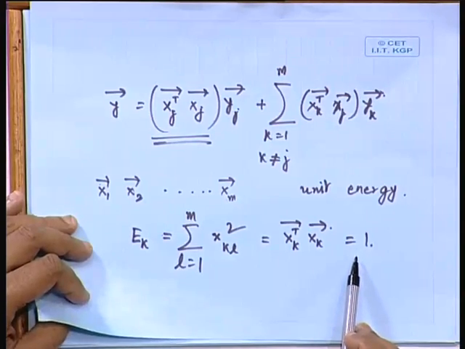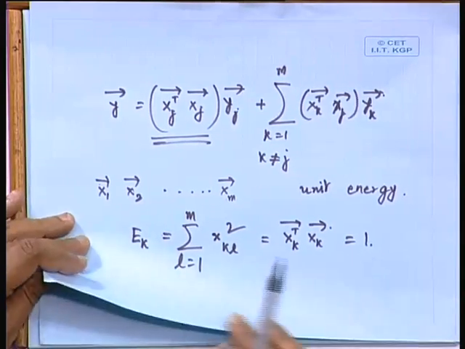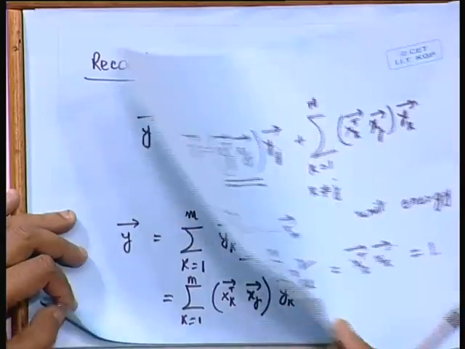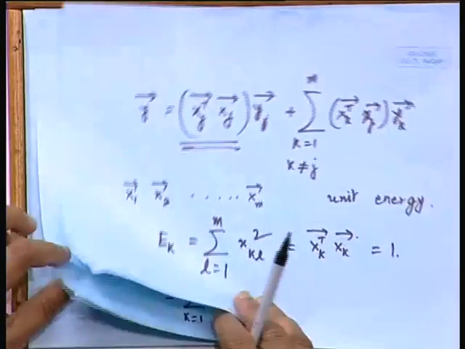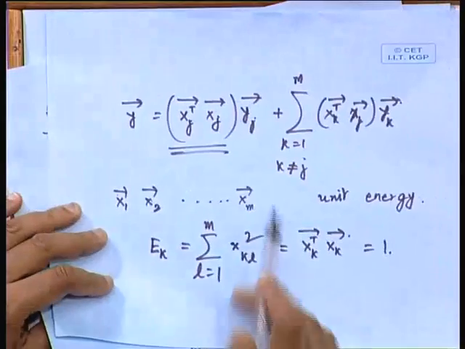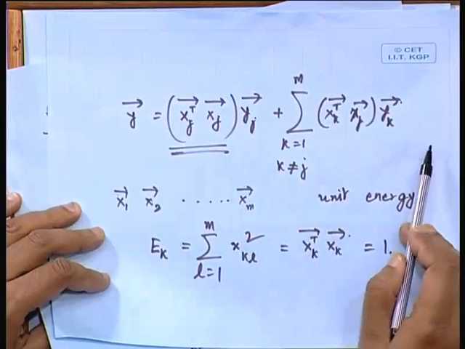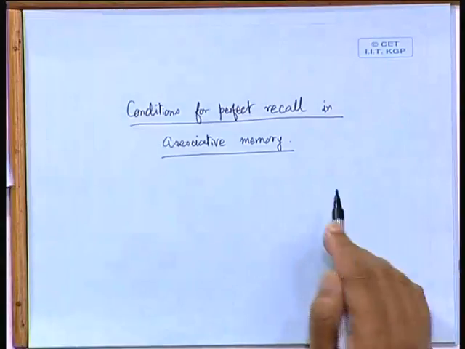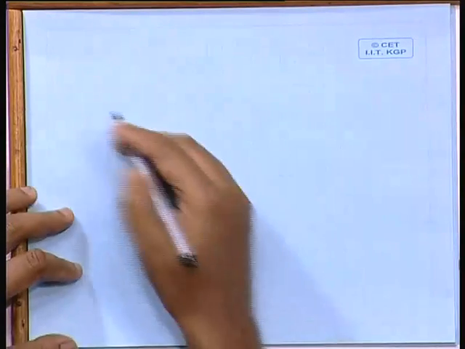All right. So, now what we can simply do is that we can write down that Y is equal to Yj plus this term, right. So, let us see what it becomes.